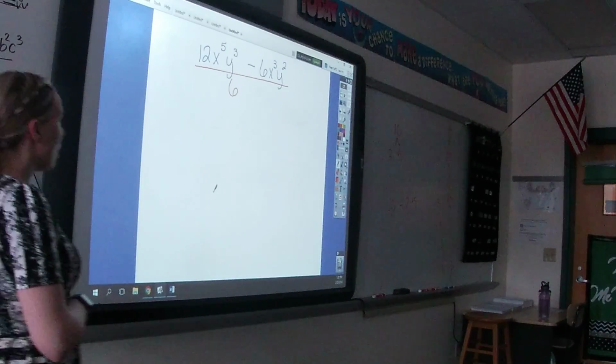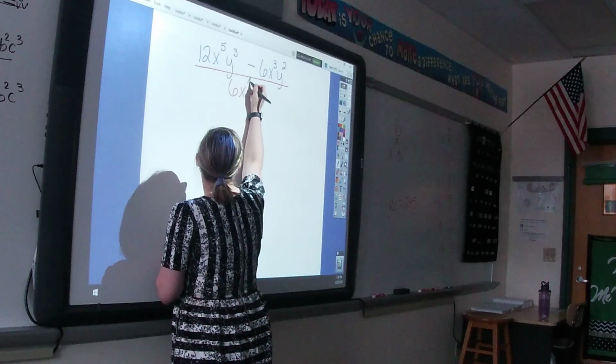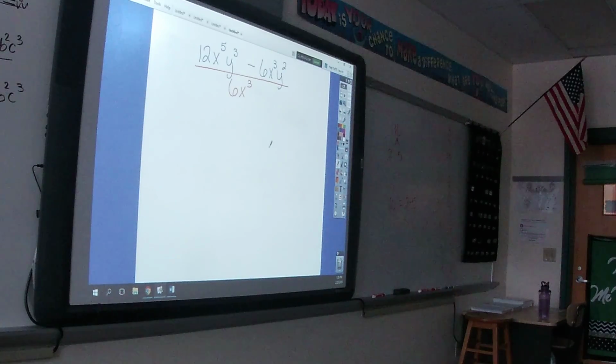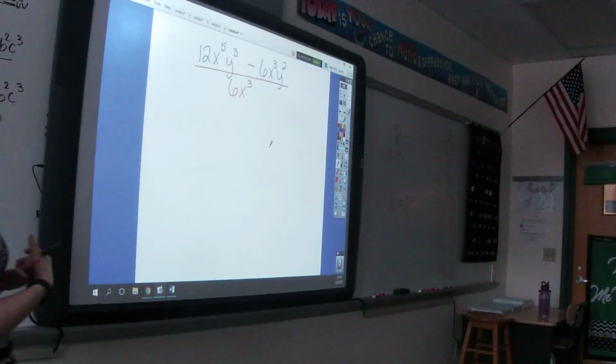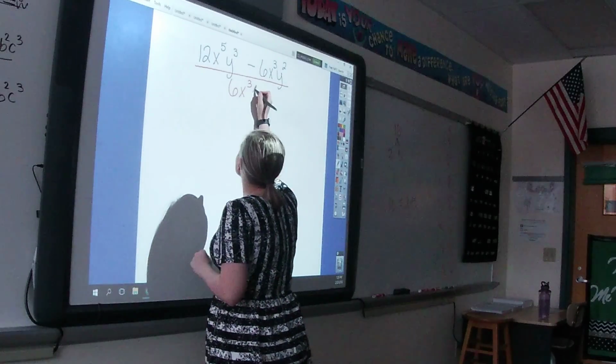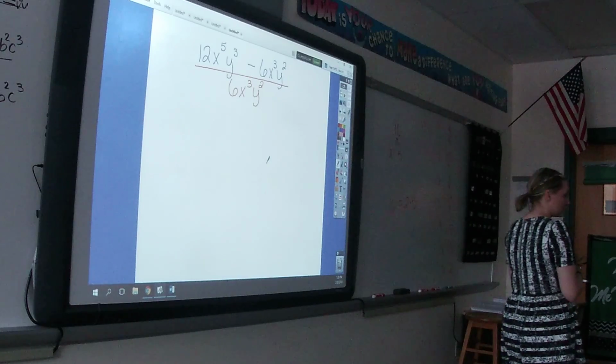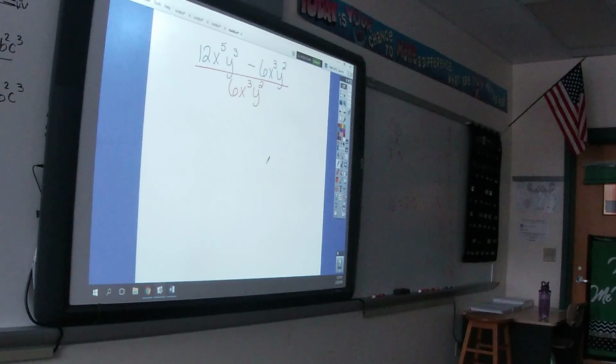Yes. Smaller exponent on the x? 3. Do they both have the y? Yes. Smaller exponent on the y? 2. Okay, so let's divide this out.